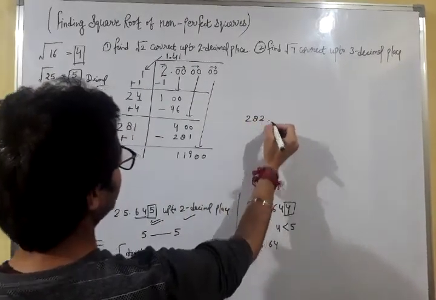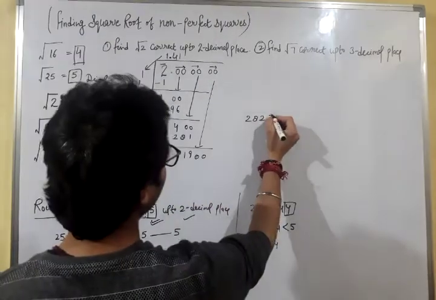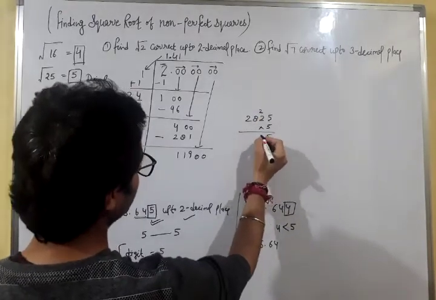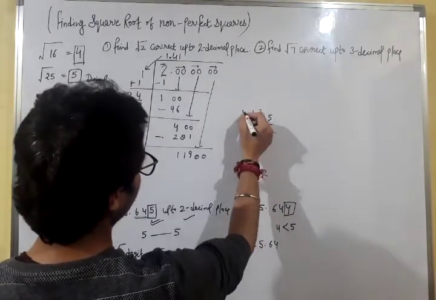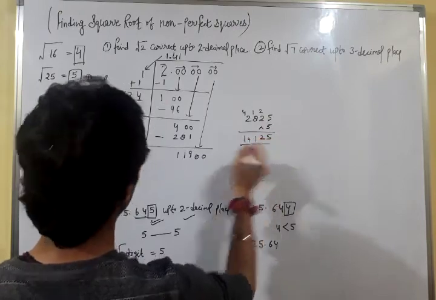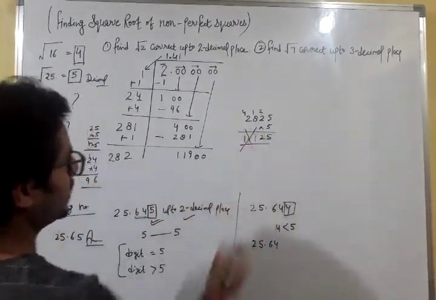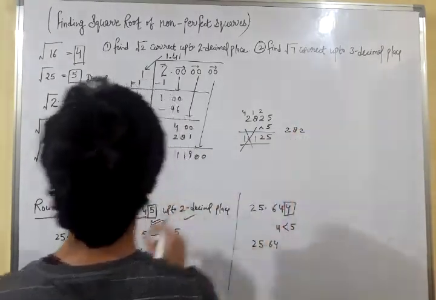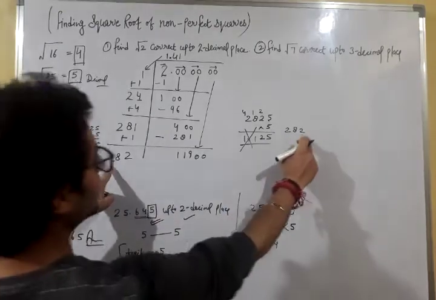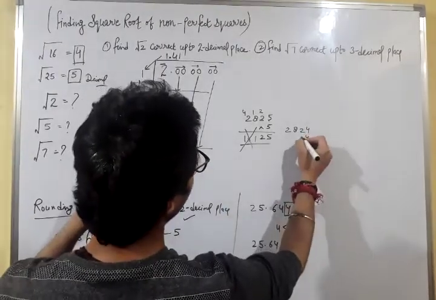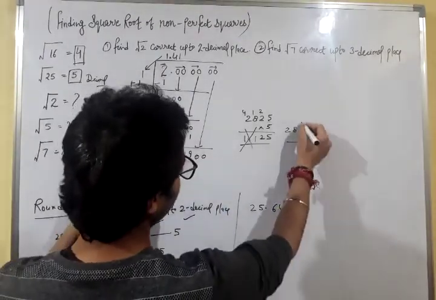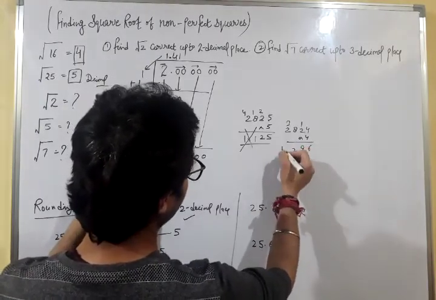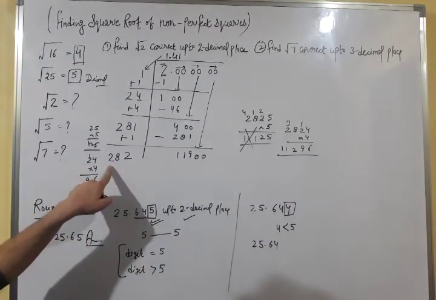282, we need to write one digit here. Suppose we have written here 5, so we will multiply it by 5. 5 5s are 25, 12, 41, 1 4. It is greater, so we will not do it. 2 8 2, 282, what will we write here? 4. So we multiply by 4. 4 4s are 16, 9, 32, 1, 296.